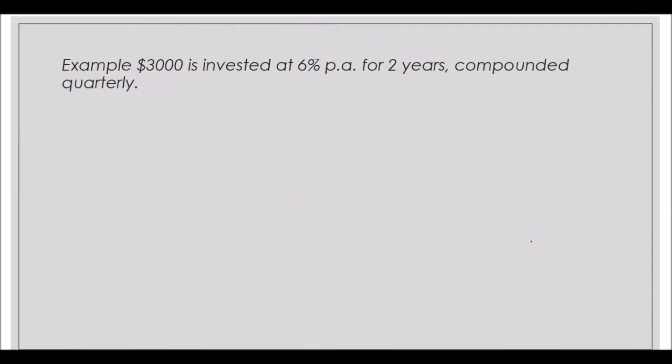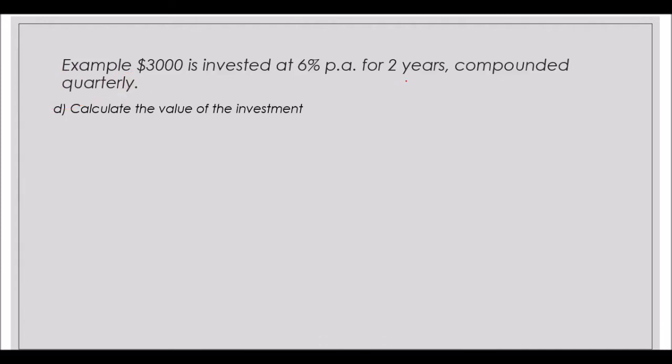All right, the next part is a little bit tricky. Calculate the value of the investment. So how much money will this person have after 2 years? Now, some of you might think, oh, I'm only multiplying this 2 times. But that's not the case. Remember, this is 2 years, and each year you're compounding it 4 times, because it's compounding quarterly.